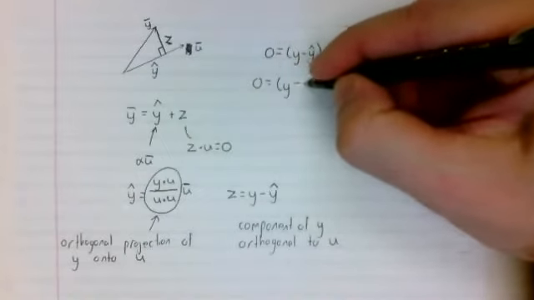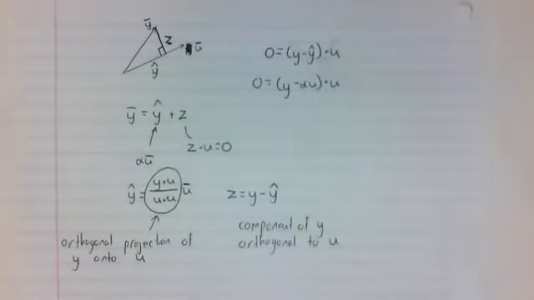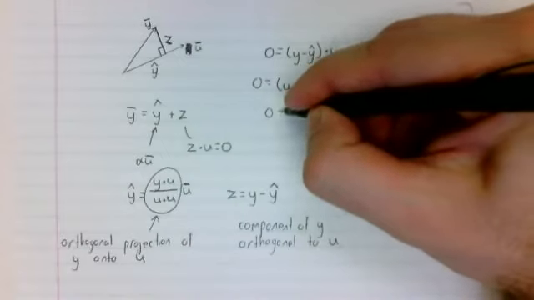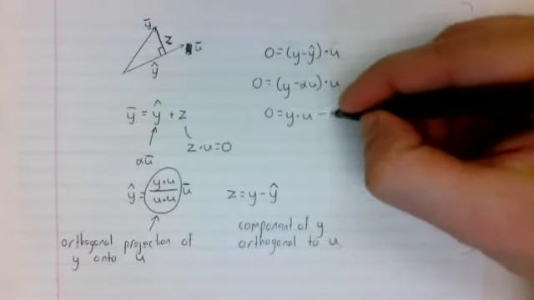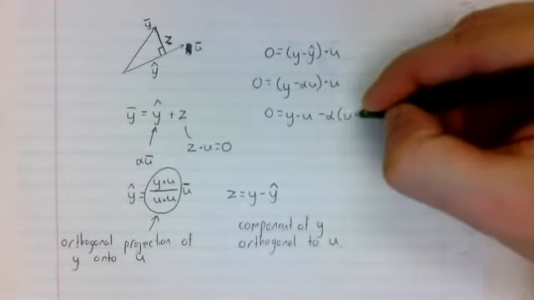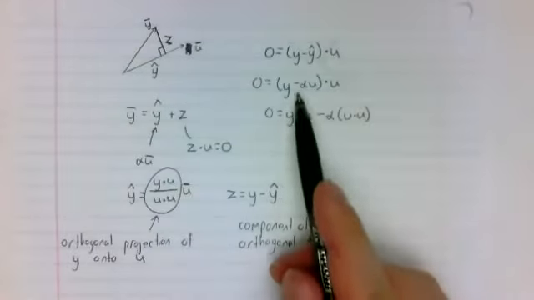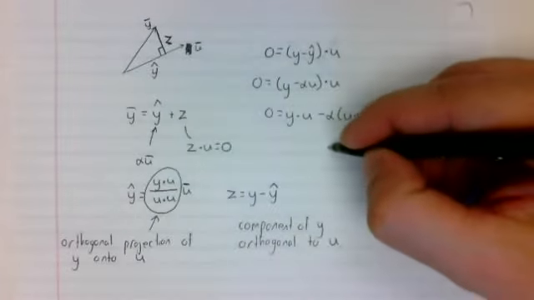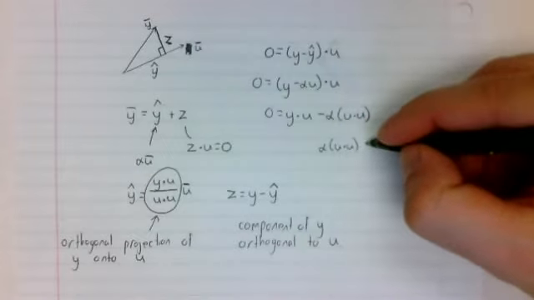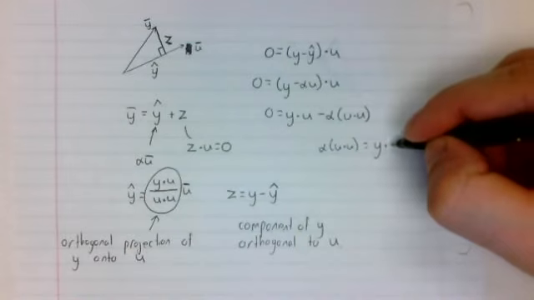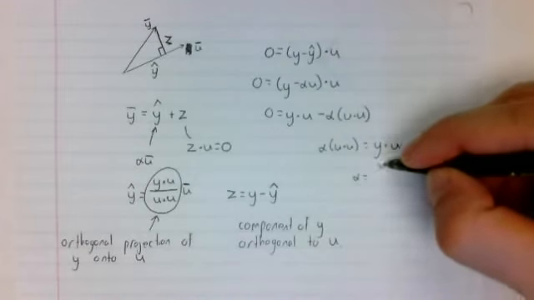So y minus alpha u dot u. The dot product distributes over this subtraction, and now it's just a matter of solving for alpha.